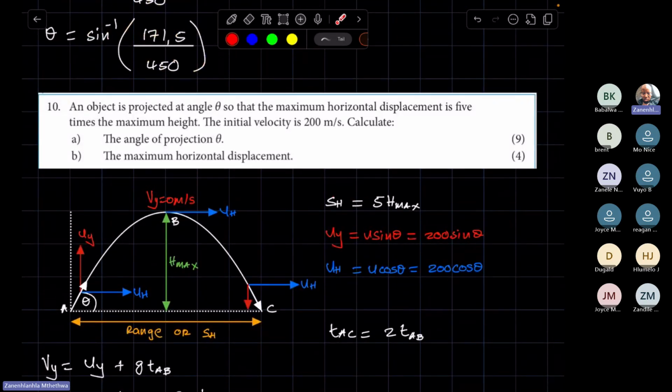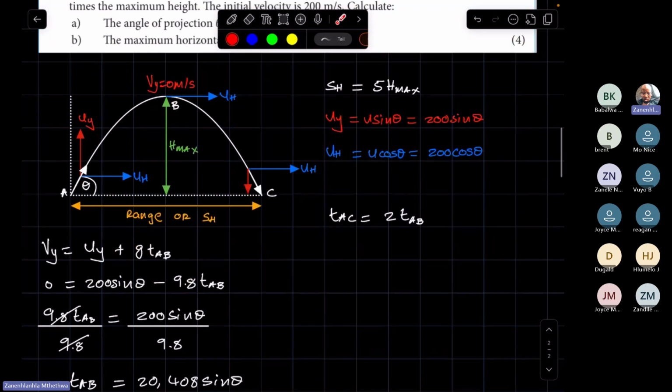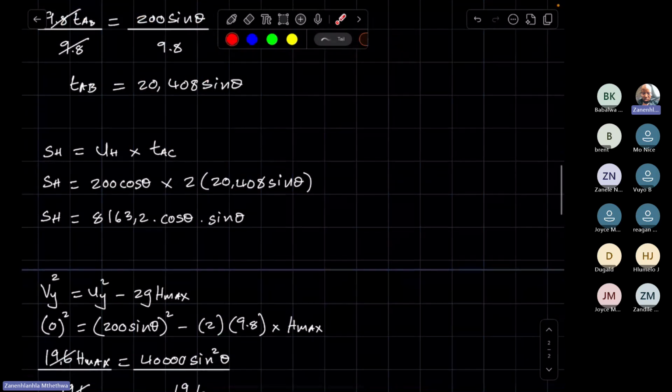B, calculate the maximum horizontal displacement. All right, this one is pretty straightforward. We already know that this is equal to that. So all you do is substitute theta here, seeing that we already have the angle theta.